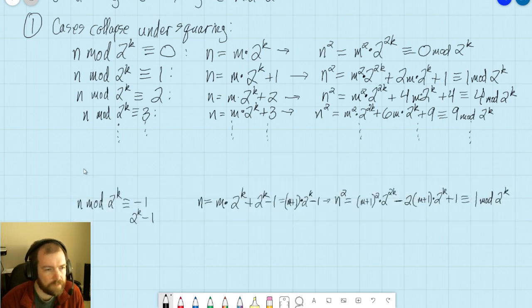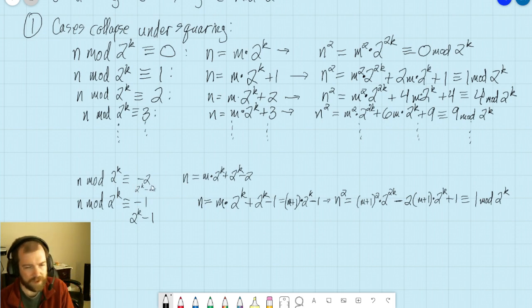Okay. So then we can also do n mod 2 to the k is equivalent to -2, which again, we can use n equals m times 2 to the k plus 2 to the k minus 2. So it's equivalent again to having a value which is 2 to the k minus 2. And you can argue about which one you want to do and which one is more appropriate, it doesn't matter. It's all cool.